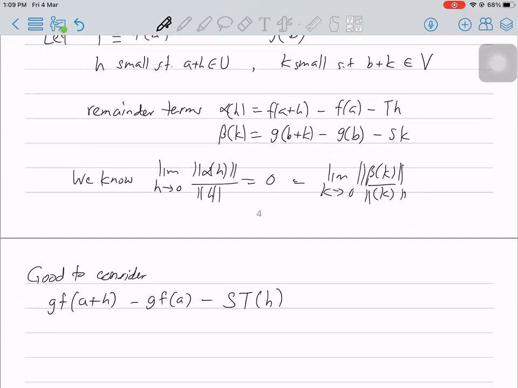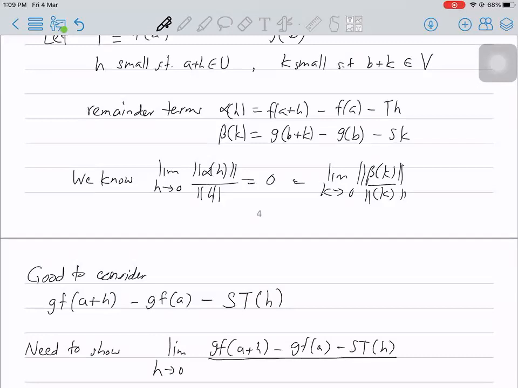So maybe I should start bounding this or something like that, right? And I need to show that the limit as h approaches 0 of the norm of g f of a plus h minus g f of a minus s t of h, divided by the norm of h, is equal to 0.